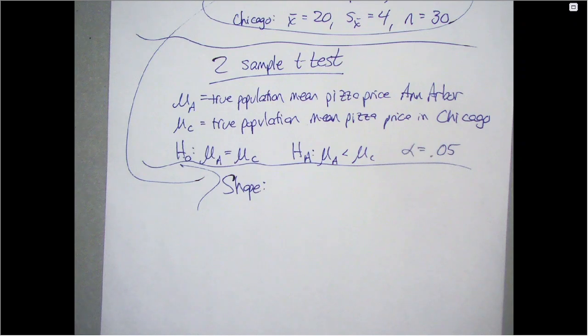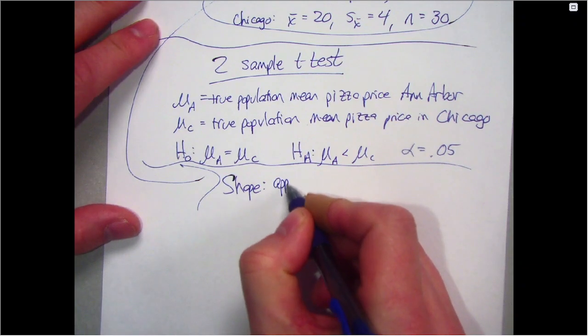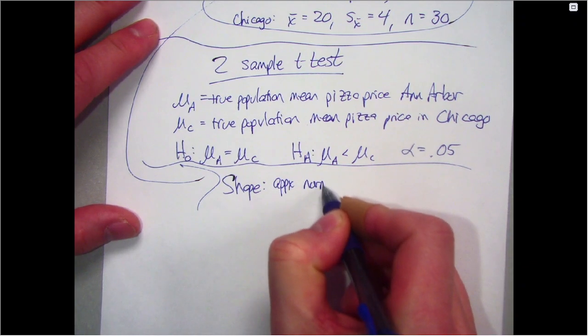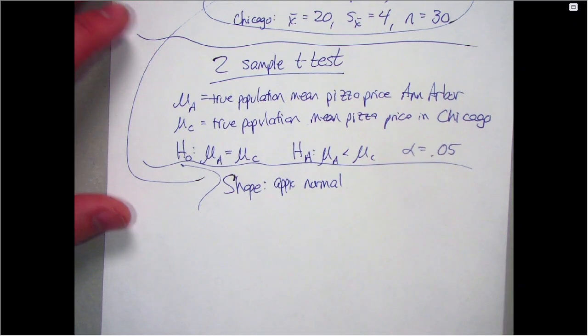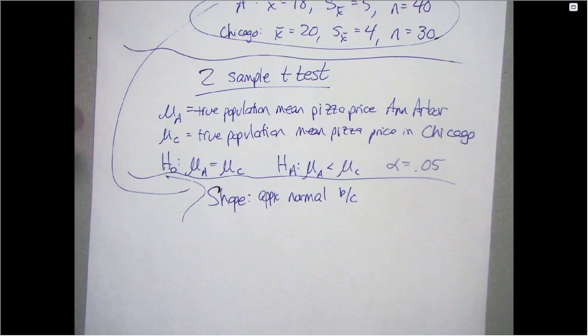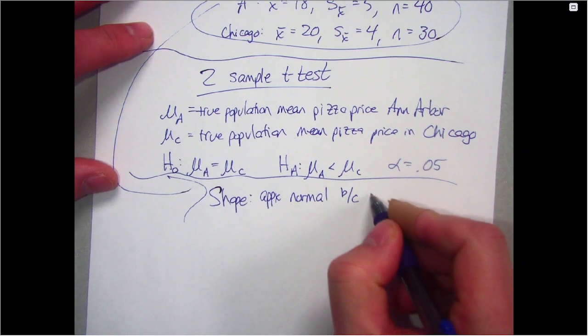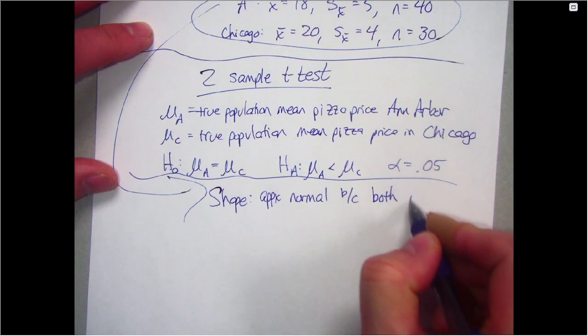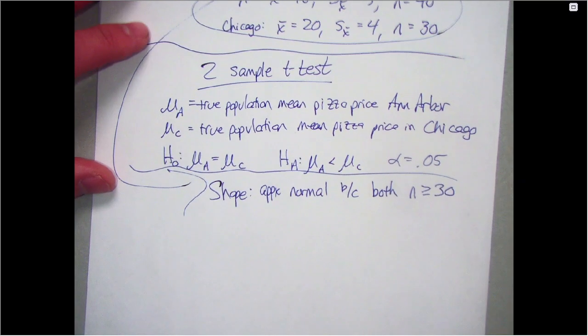So it's the same as it was for the one sample t-test, it's just you're looking at that to be true for both samples. So the shape is approximately normal for both. Sorry, the shape is approximately normal because, what? Both samples are greater than or equal to 30.